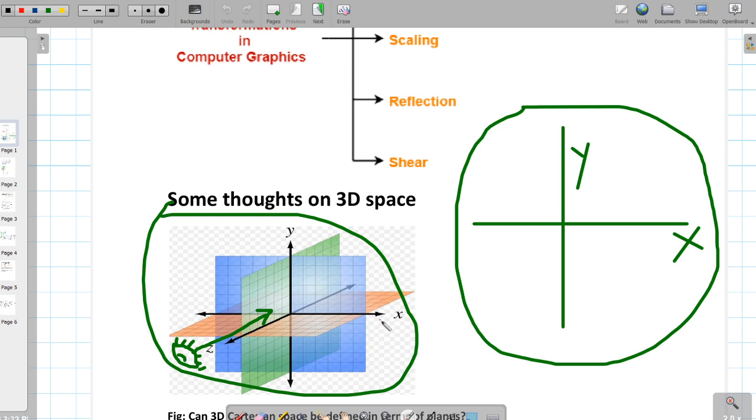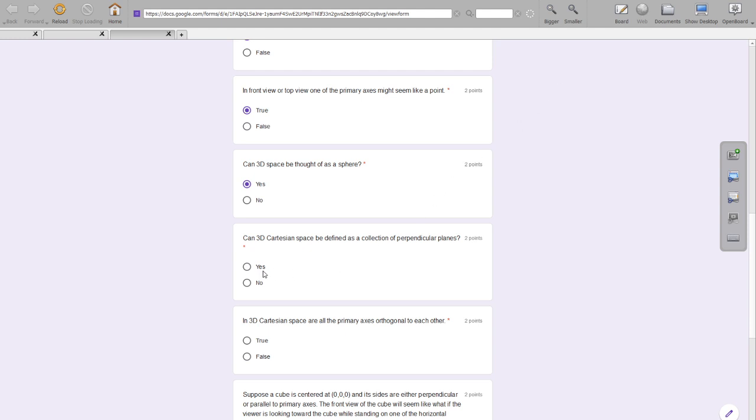Here the xy plane was represented in blue, the yz plane has been represented in a green rectangle, and the horizontal xz plane is represented in a brown rectangle. Now you can see that these three rectangles are basically perpendicular to one another. That means the angle between the rectangles is 90 degrees. So the answer is obviously yes.